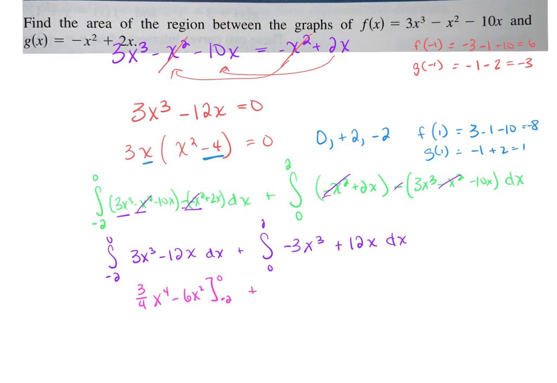For this one, you have -3/4 x to the 4th plus 6x squared, and that is from 0 to 2. Anytime you integrate with a 0 at the top, don't forget that you are subtracting it from 0. You tend to just ignore the 0 because typically it's at the lower end, but this technically means 0 minus what happens when I plug in a -2, right?